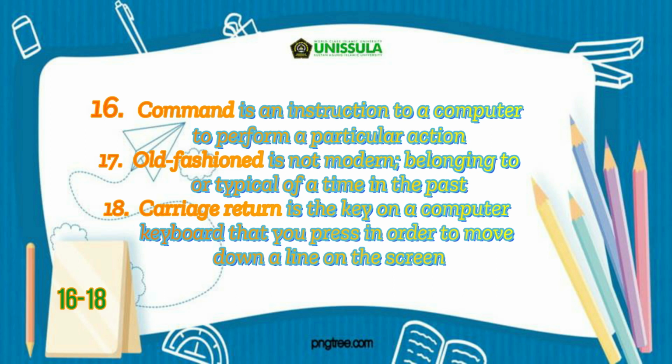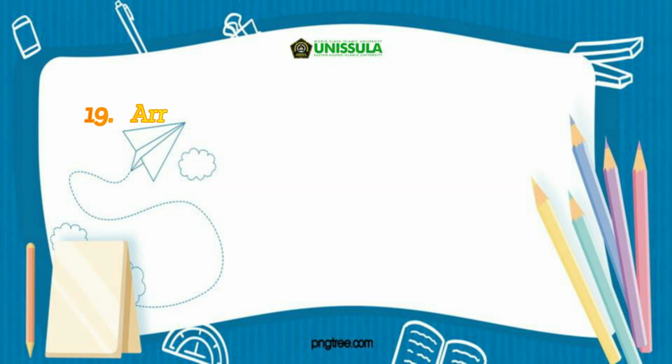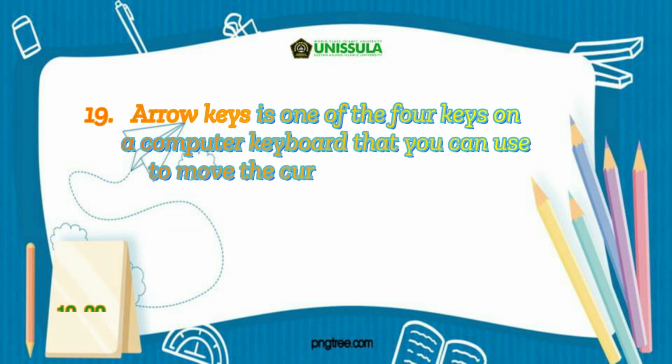Number eighteen, a carriage return. A carriage return is the key on a computer keyboard that you press in order to move down a line on the screen. And then number nineteen, arrow keys.